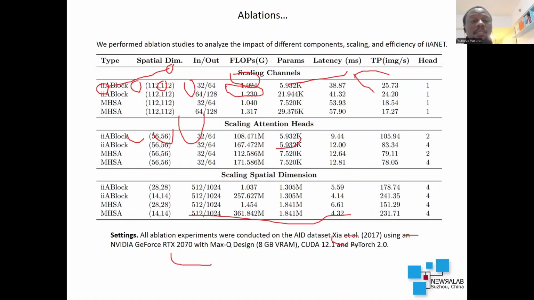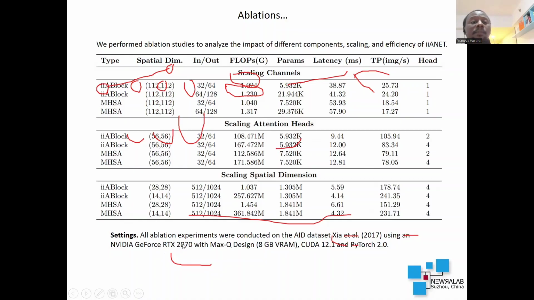Because iiABlock has several components, it cushions this effect. The fusion that we did for iiABlock is also a very cheap fusion, which is just to concatenate and shuffle. So I think this is why we have this effect on iiABlock.